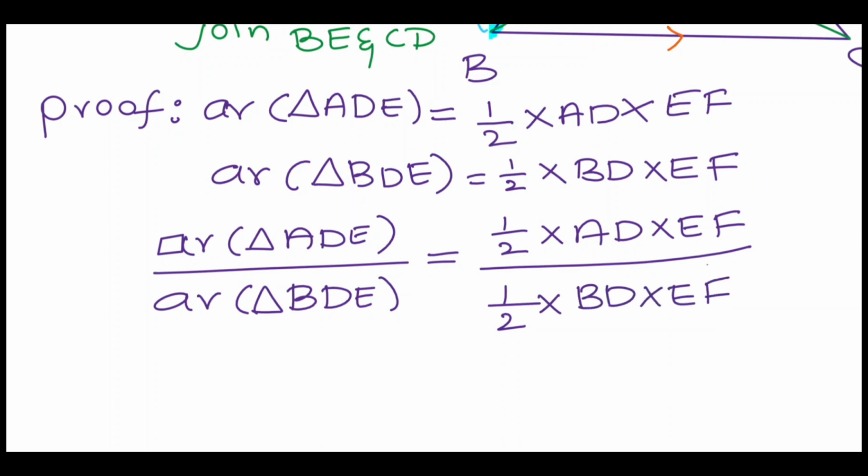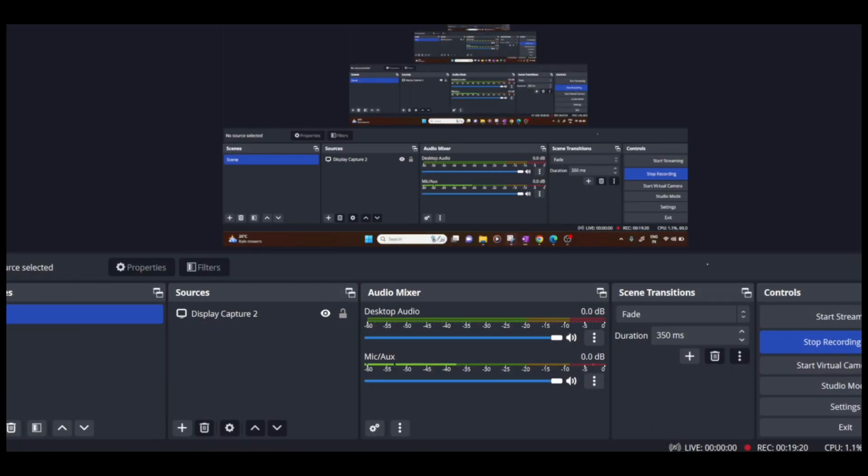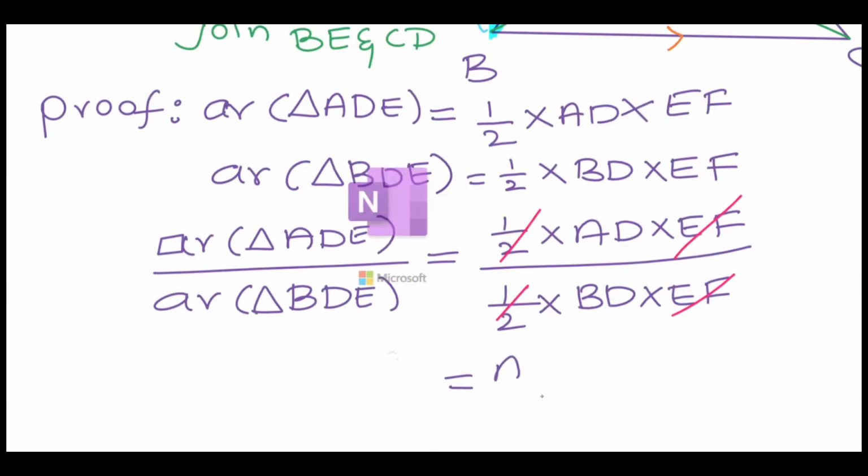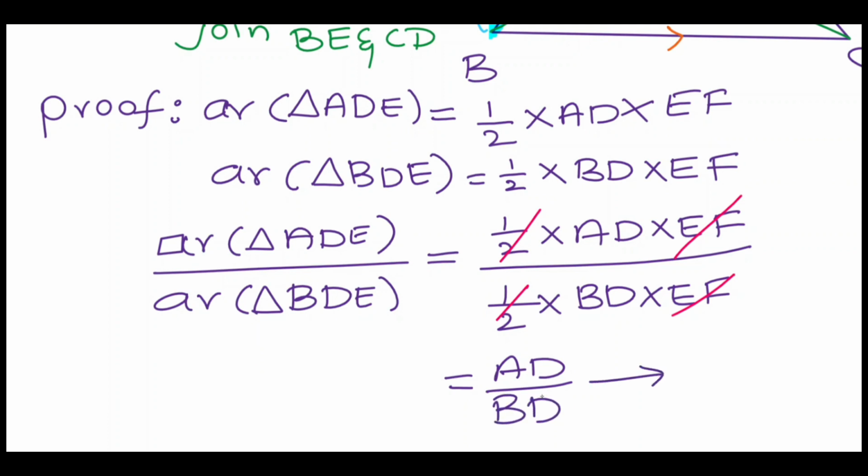We can cancel 1 by 2, 1 by 2, EF, EF. So we get AD by BD. This is equation number 1.